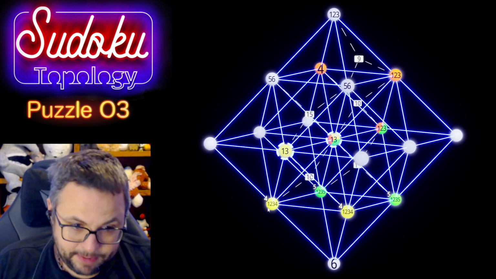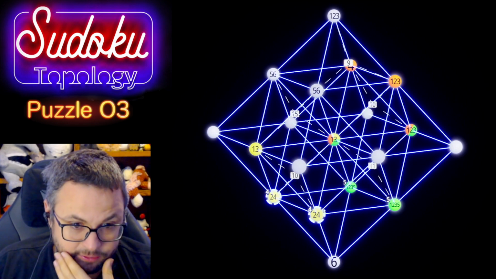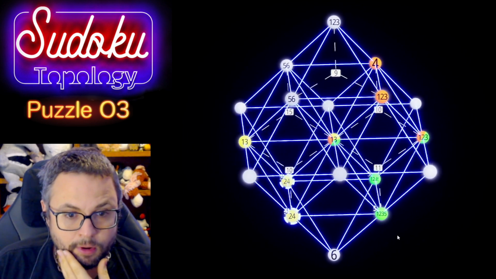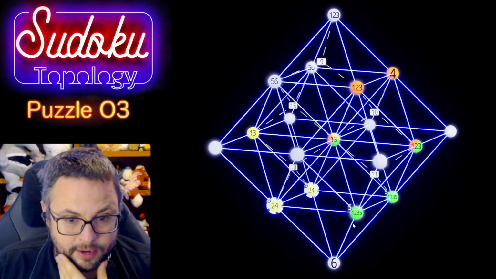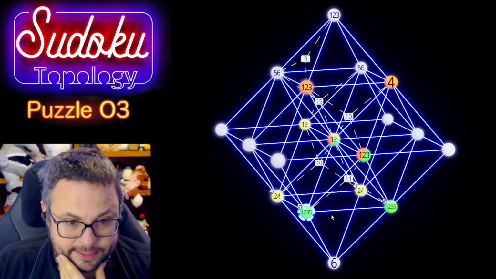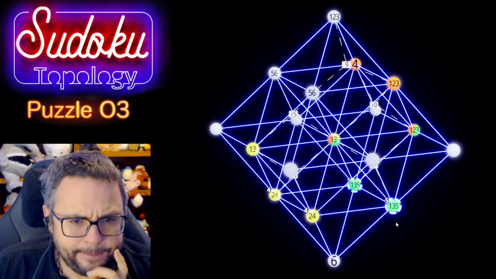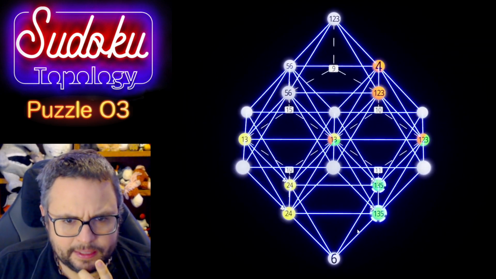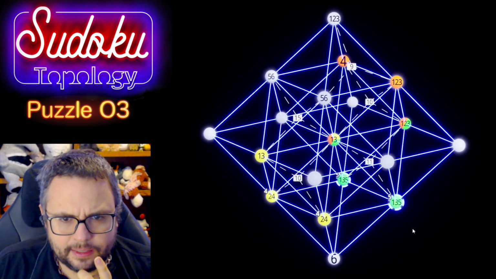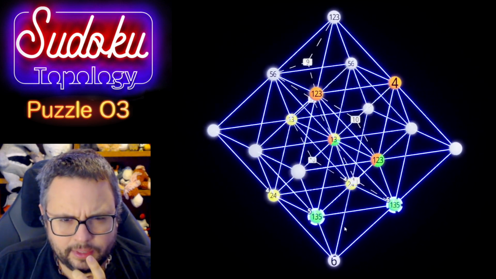That 1-3 pair is in my 10 cage, so that makes those a 2-4 pair. That 2-4 pair is in the bottom octahedron, so these aren't 2 at the very least. Okay.